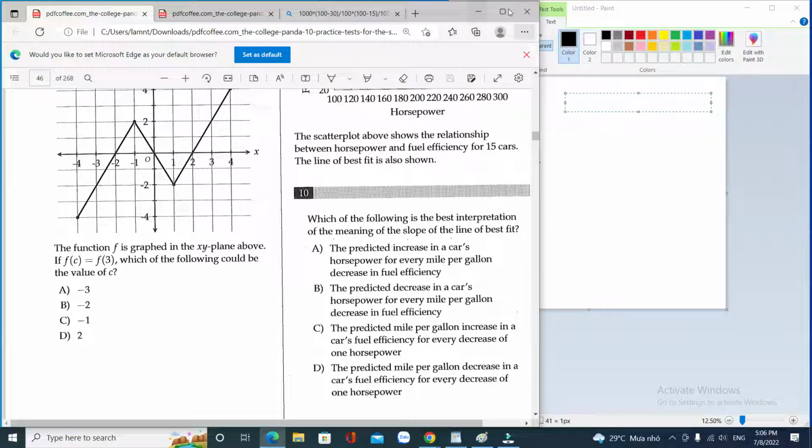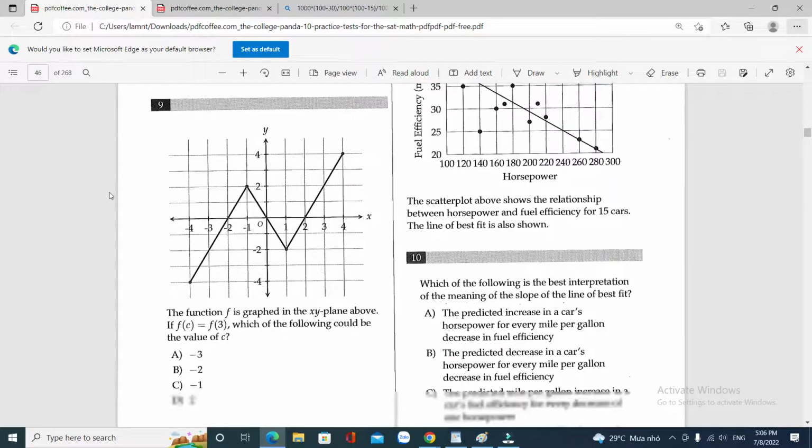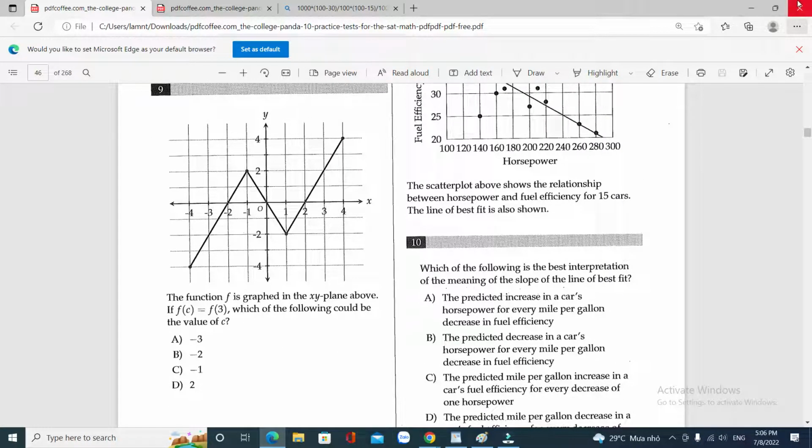Let's pre-screen this and come back to the page to analyze.